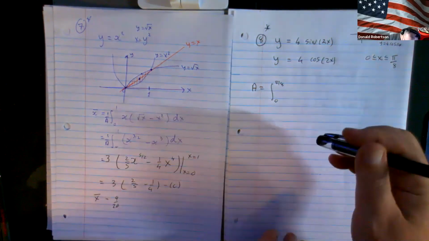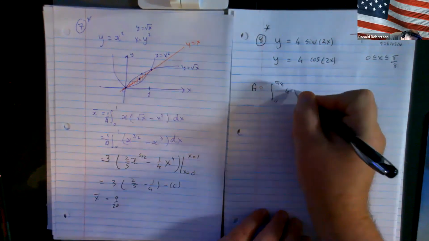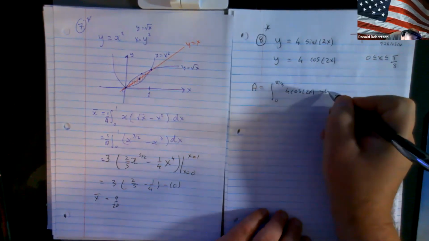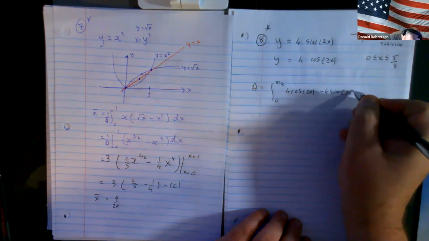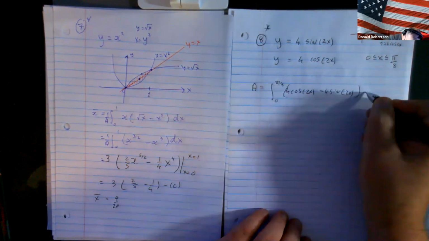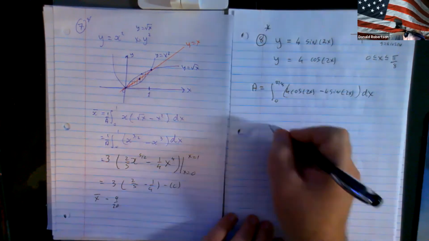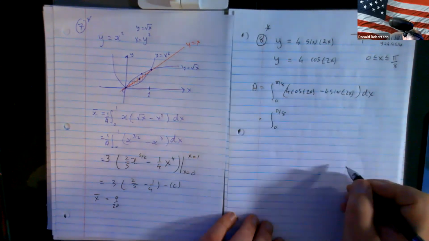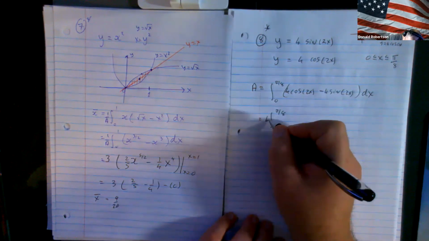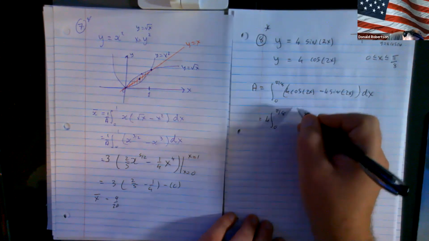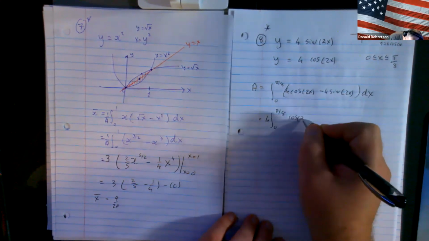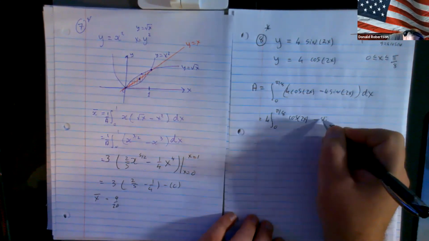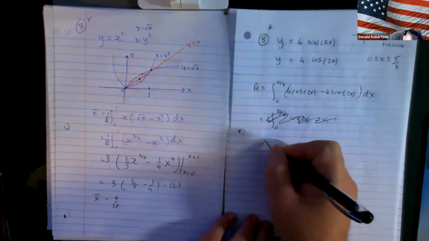So I'm going to do 4 cosine of 2x, take away 4 sine 2x, dx. It's going to be the integral from 0 to pi upon 8. I could pull out the 4, couldn't I? Actually, I'm not sure why I bothered with this line. Yeah, I won't bother with it. Why don't I just go straight into integrating?